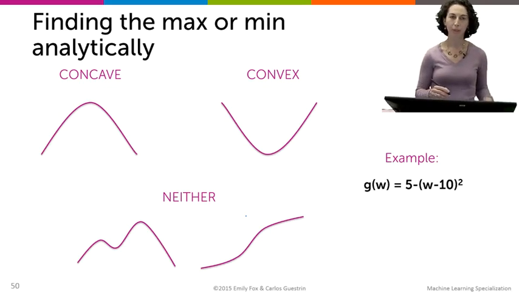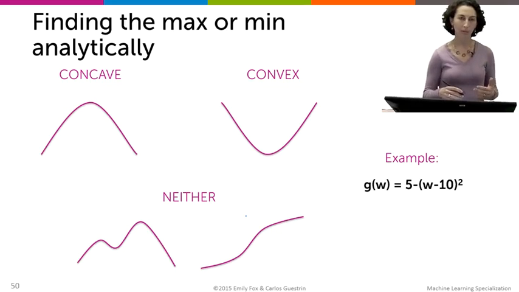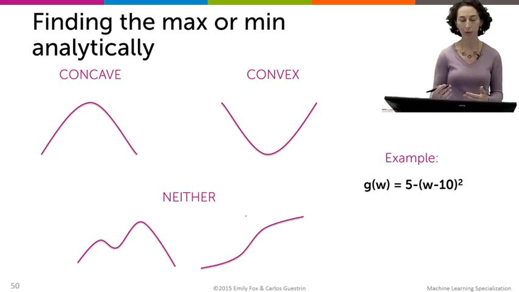Okay, so that's the notion of defining what a concave or convex function is, but we're looking at an optimization objective where our goal is to find either the minimum or the maximum of a function. Typically, if we're looking at a concave function, our interest is in finding the maximum, and for convex, it's in finding the minimum.